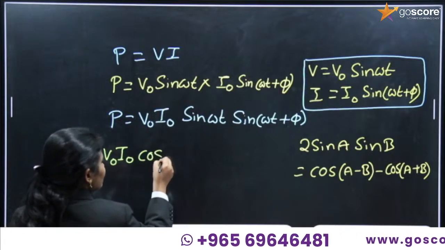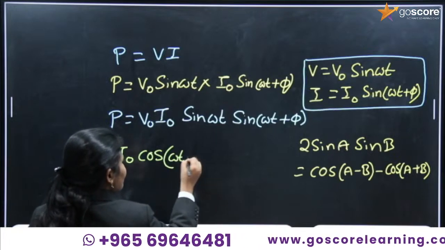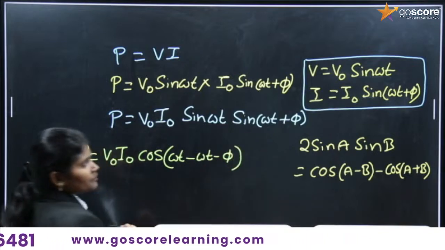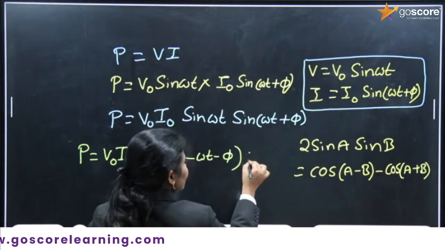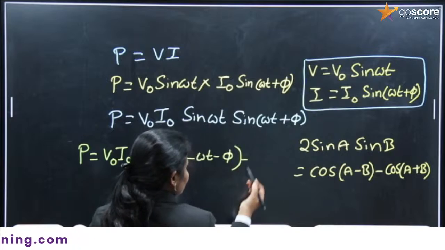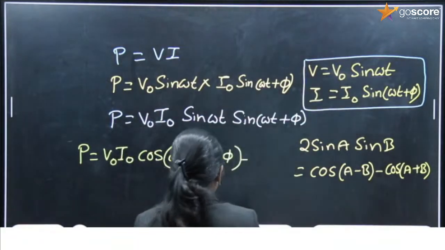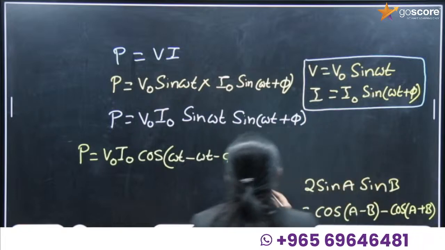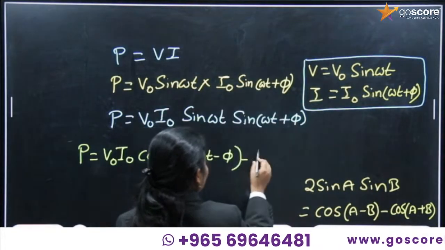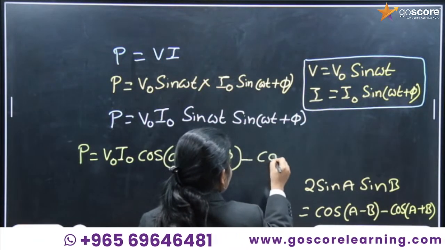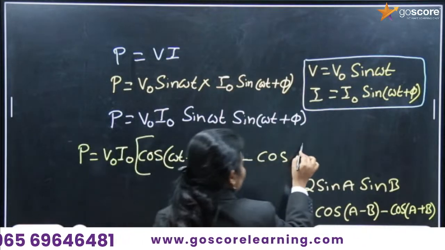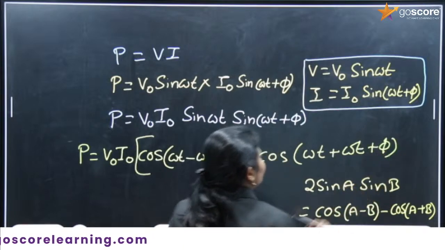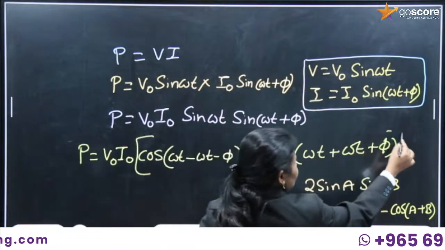Then cos of A minus B, omega t minus omega t, minus cos of A plus B, omega t plus omega t plus phi.